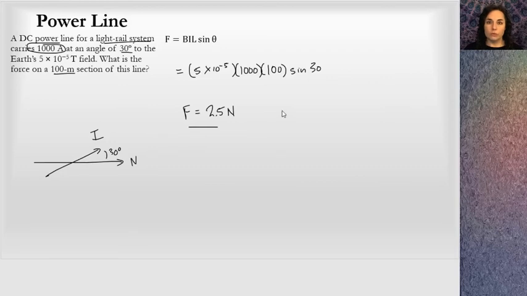And if you're familiar with newtons, this actually is not a lot. If we think about this in terms of weight, it would be 0.255 kilograms, about a quarter of a kilogram, or if you want to get that into pounds, it's about half a pound.